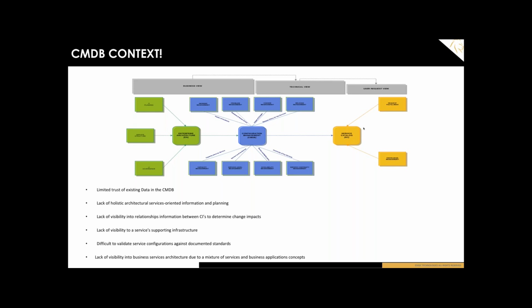So all three, depending on the colors that you choose, are used to represent how we go from IT planning to configuration management, the CMDB, and then the idea is to represent that in a holistic way.